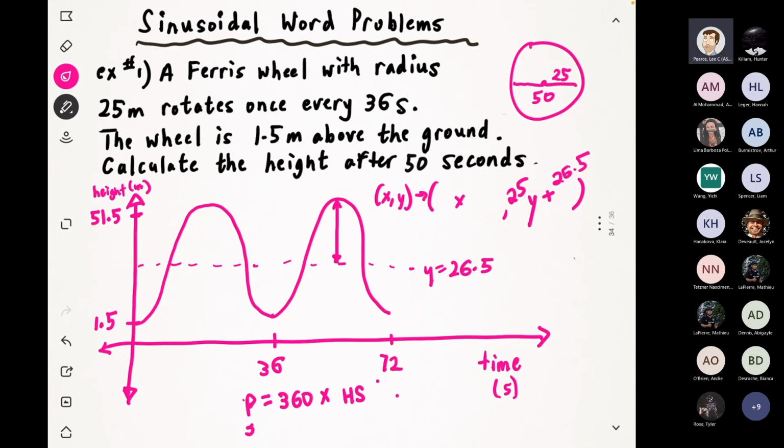The period of this graph is 36. Every 36 seconds, it goes all the way up and then all the way down. So the horizontal stretch is 36 divided by 360, which reduces to 1/10. So we can put 1/10 in for our horizontal stretch.